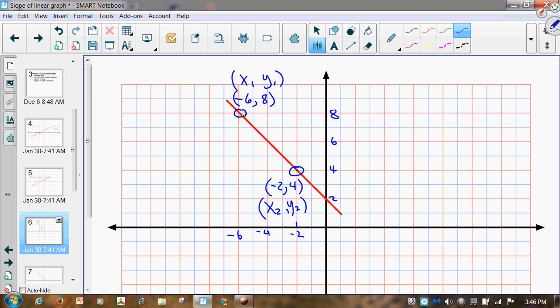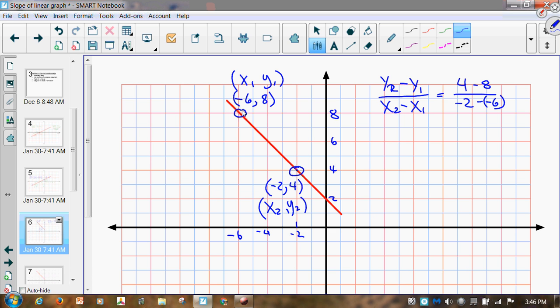And let's do the same calculation now at this one. So on our change in y, we're going to go from, let's see, y2 minus y1 over x2 minus x1, and that's going to equal, our y2 is 4, and we're going to subtract y1, which is 8, and then for our change in x, we are going from a -2, and we're subtracting -6, so minus a -6.